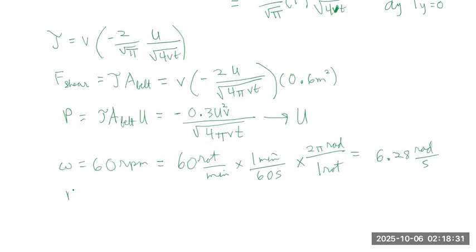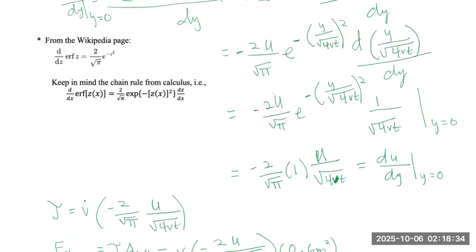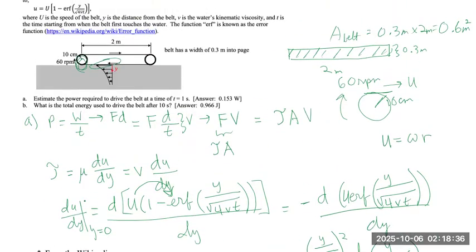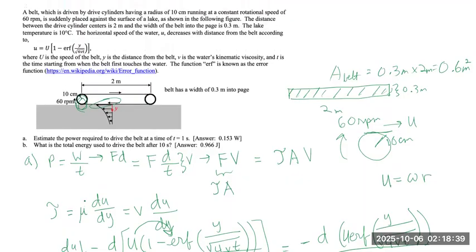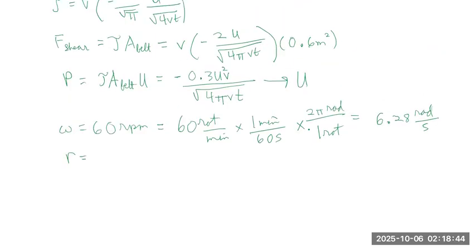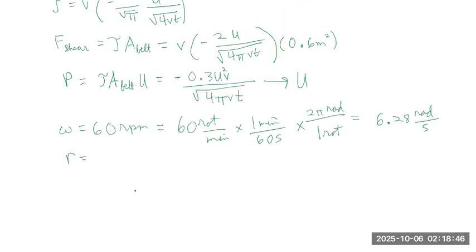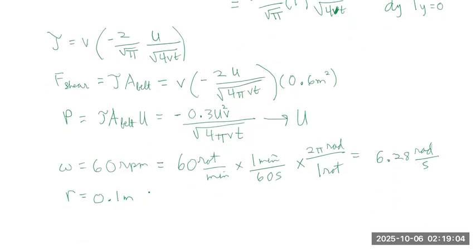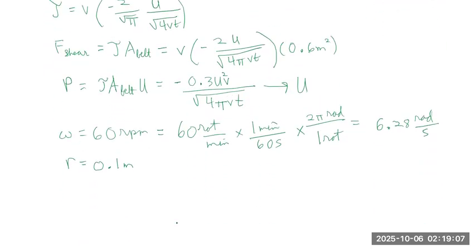So r is the radius, and it's equal to 0.1 meters because it's 10 centimeters. And thus we are going to have omega r is equal to u.